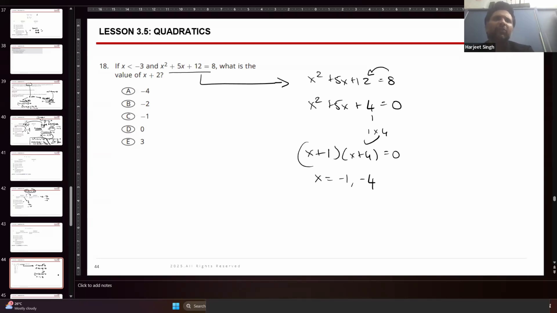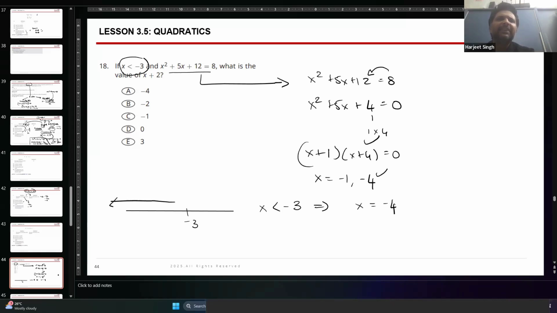But they have also given us one inequality which x satisfies. So they're saying x is less than minus 3, which means I will only select minus 4 from here. So actually x equal to only minus 4. So this is similar to the intersection setup. When I write x less than minus 3, it means x can take any value to the left of minus 3, but I have x equal to minus 1 and x equal to minus 4.